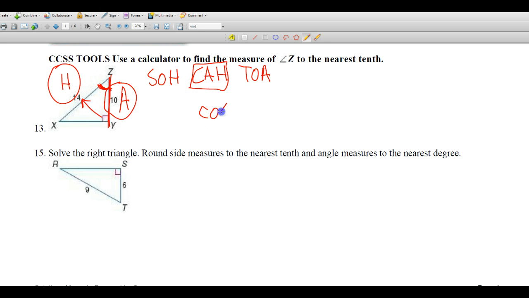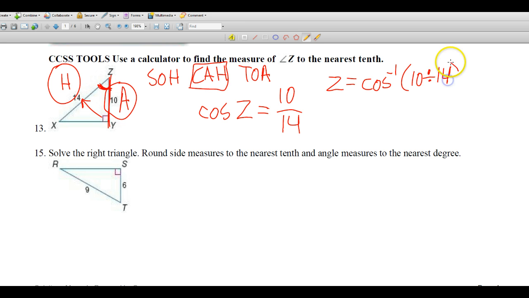So the cosine of angle z is equal to adjacent over hypotenuse. So then to find our angle, z will be equal to the inverse cosine of 10 divided by 14, which is approximately 44.4 degrees.